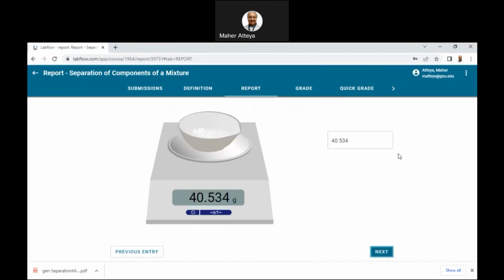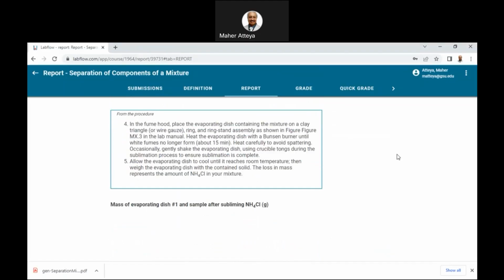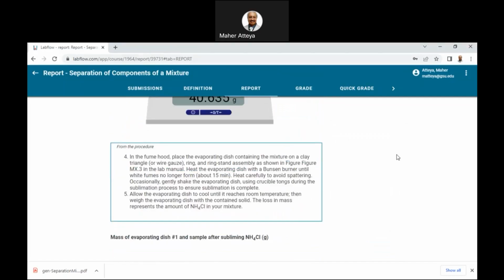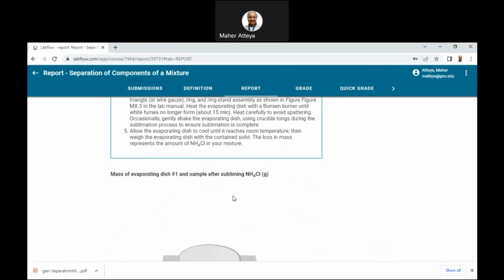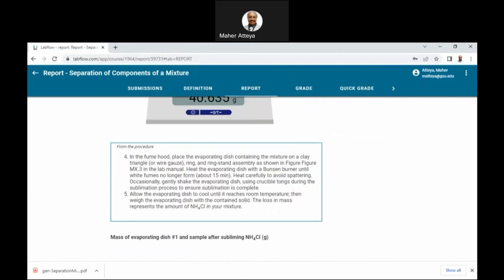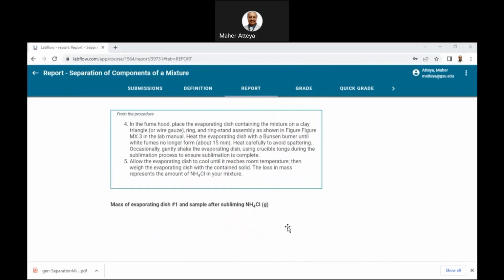Hit next. This is the problem here. This one is not showing. Now it says we are heating this one here. It's too much here, let me make it smaller. Okay, edit, copy. This is 40 point.